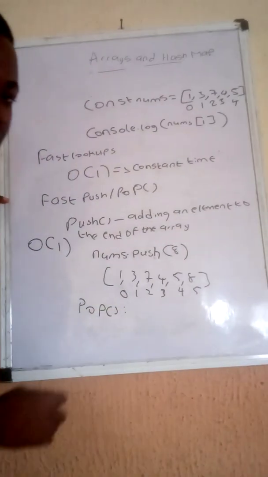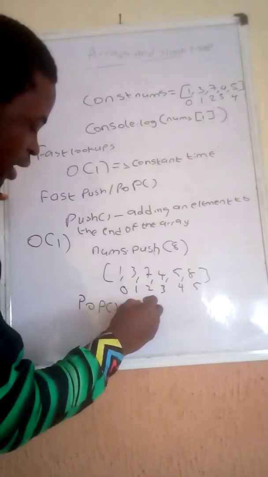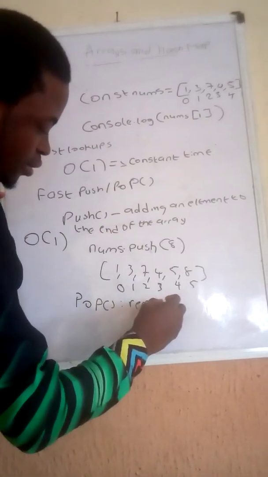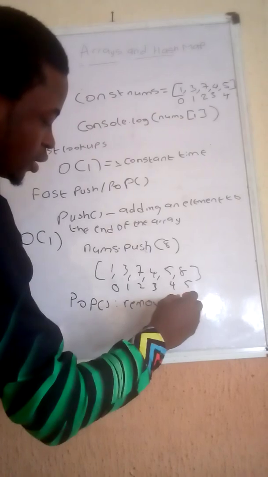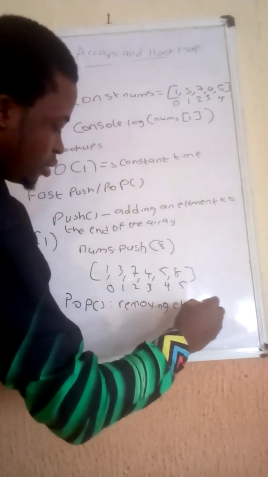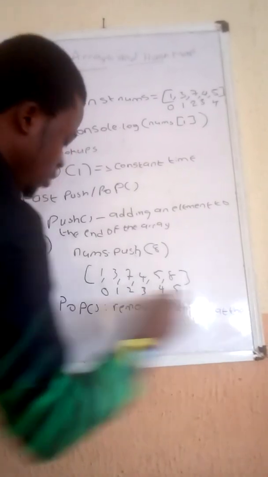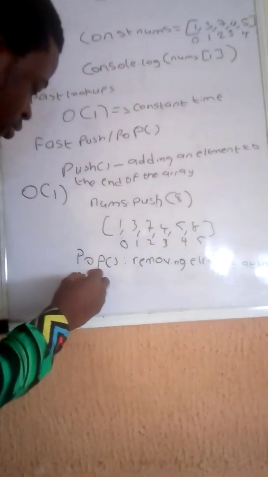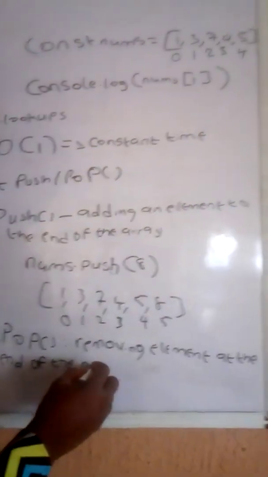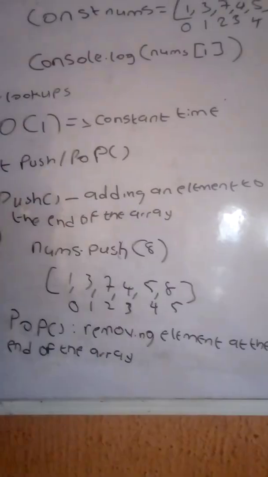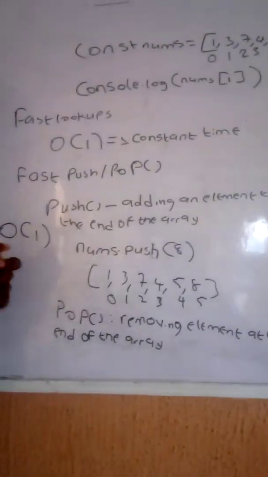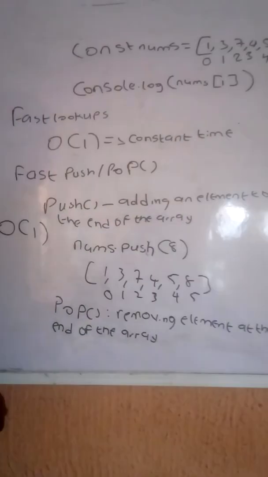Pop in an array means what? We are removing the element at the end of the array. So in this case, let's say we want to pop this 8 out of this array.